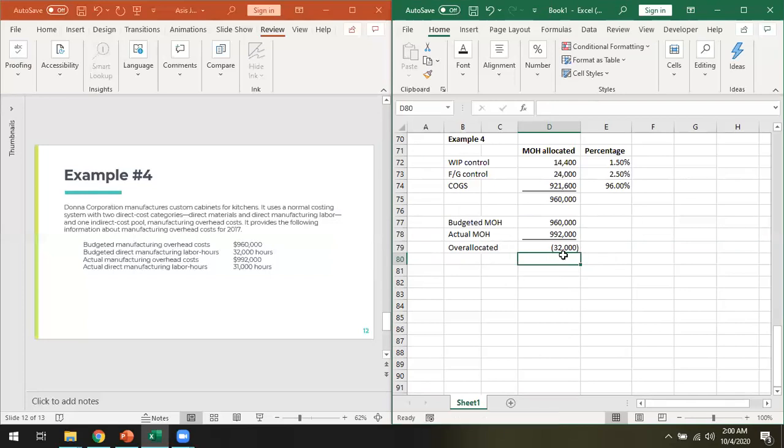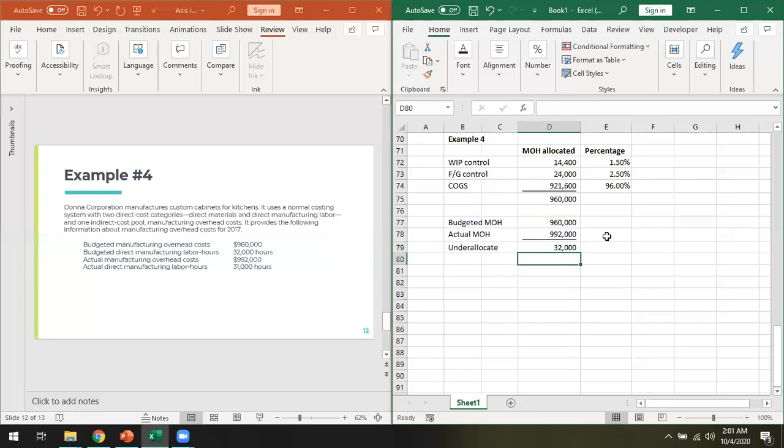It turns out that the actual manufacturing overhead is higher than the budgeted manufacturing overhead. My bad. So it means that we under allocate the manufacturing overhead cost. The difference is the actual manufacturing overhead cost minus the budgeted manufacturing cost. We under allocate $32,000 of manufacturing overhead. So we want to adjust this number.